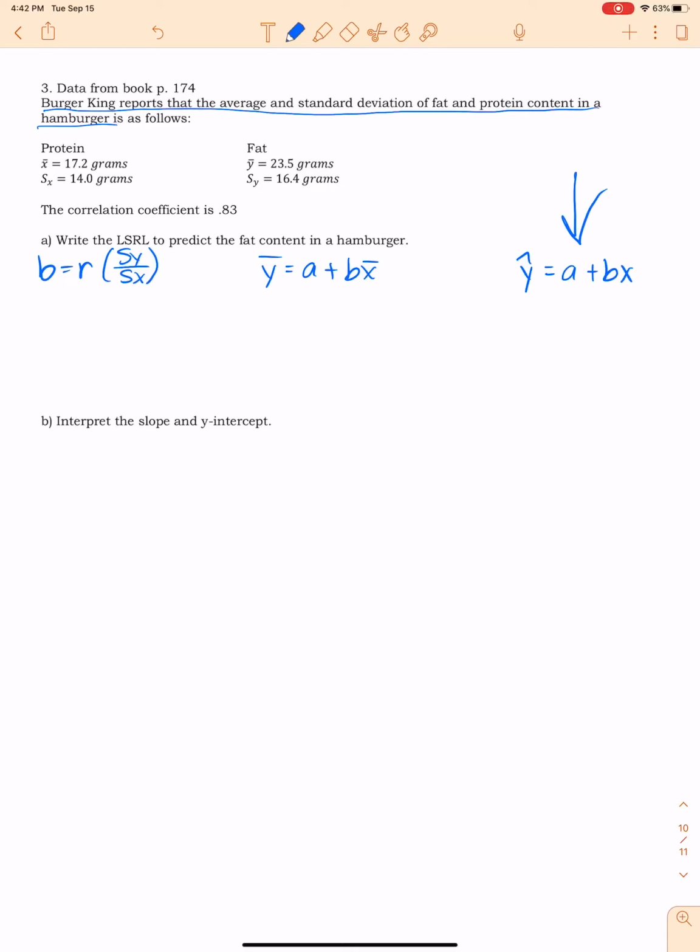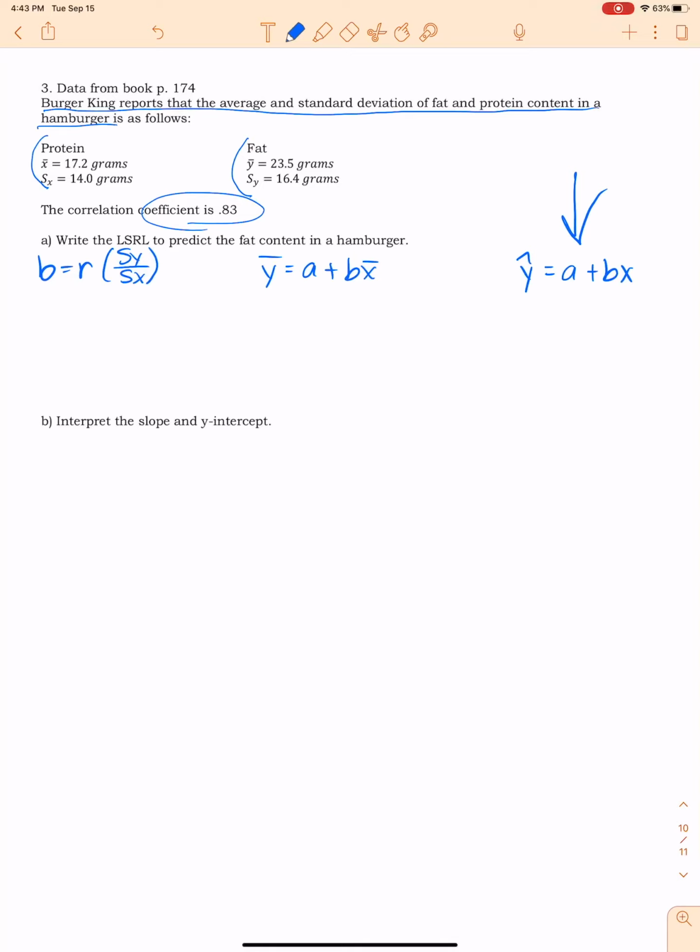So obviously for this problem, we don't have a list of data we can plug into StatCrunch. Instead, we're given our mean and standard deviation for our two variables, and we're given the correlation coefficient. So we have to use a series of formulas to find the slope and the y-intercept, and then use those in our final LSRL. So I'm going to show you how to do this.